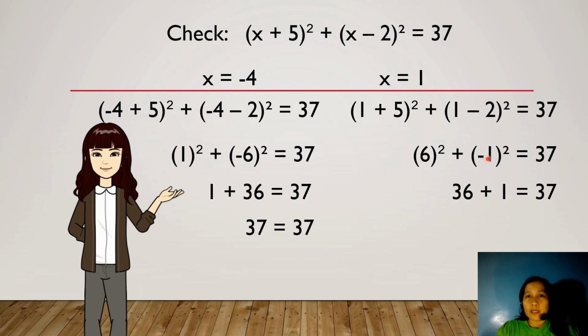Negative 1 times negative 1 is positive 1. And 36 plus 1 is equal to 37. So, they are equal. Meaning, our roots are the solutions of this equation.